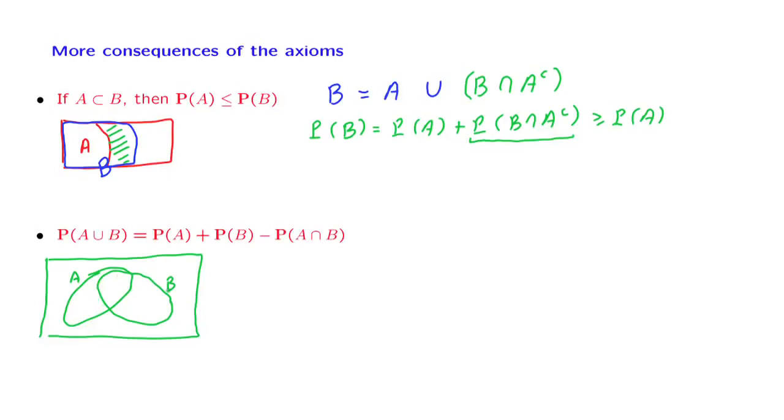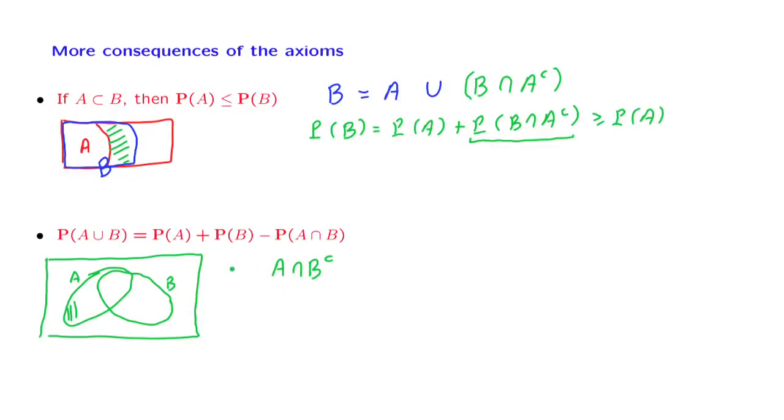Okay, now the union of A and B consists of three pieces. One piece is this one here, and that piece consists of those elements of A that do not belong to B, so they belong to B complement.